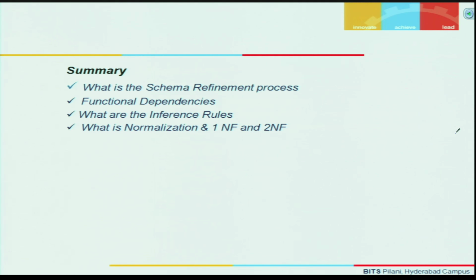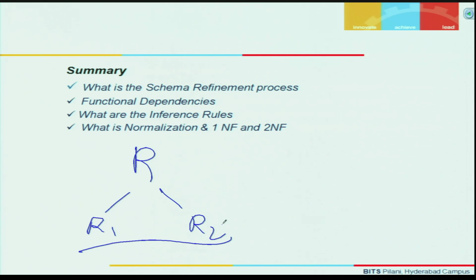That is, the decomposition must be a lossless join decomposition and it must be a dependency preserving decomposition. And after decomposing a relation R into R1 and R2, how to check whether this decomposition preserves the desirable properties or not, we will discuss in the next class.